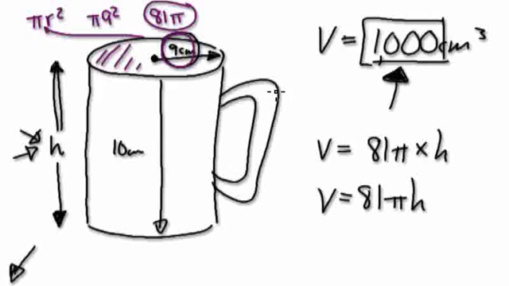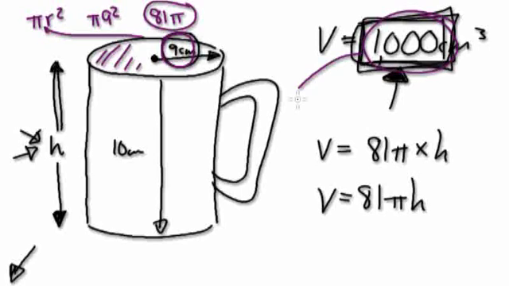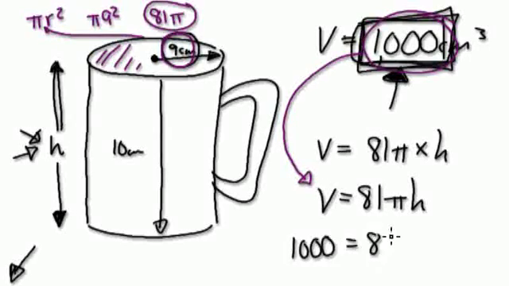Now your boss is saying that the mug has to hold this amount of liquid. So we know what V is. Put the 1,000 into the V. So it would be 1,000 equals 81 pi h. Remember, pi is just a number.